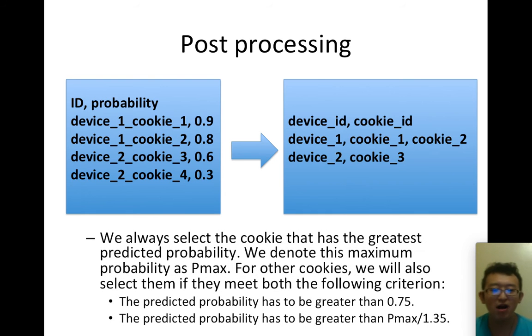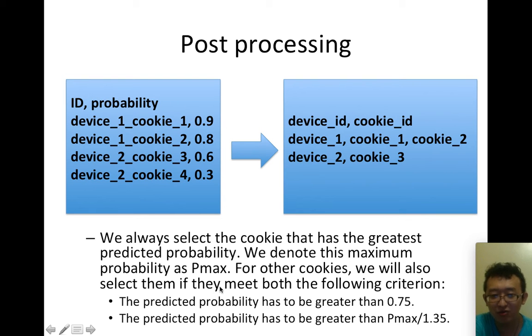We tried several different options, but this is our final algorithm. We always select the cookie that has the greatest probability. Like this, for device 1, we choose cookie 1, and for device 2, we choose cookie 3 without doubt. But for other cookies, we will also choose them if they meet some criterion. First, we denote the maximum probability as Pmax.